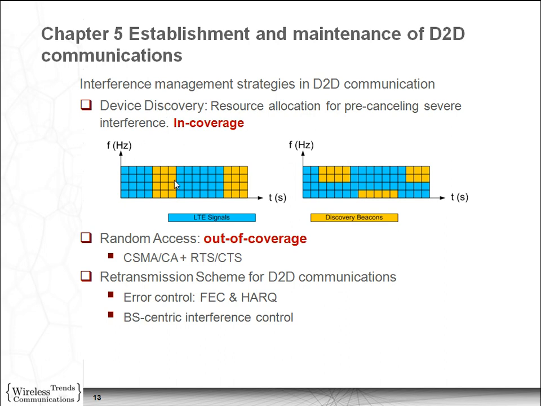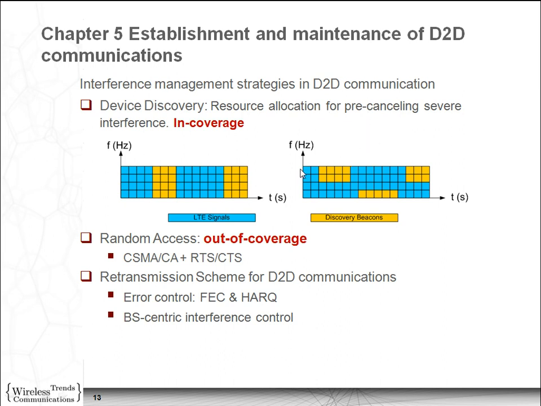For instance, here we have these LTE signals that are transmitted in the frequency-time plane, and we have these discovery beacons that are devoted completely to the devices, so they can find each other, they can communicate with the base station, and so on. So that is dedicating resources. In this case, we don't have any problem in terms of interference or signal controlling, because everything is just managed by the base station. And we have many approaches here. This chapter is going to talk about different configurations of this resource allocation and how it can be used to cancel out interference.